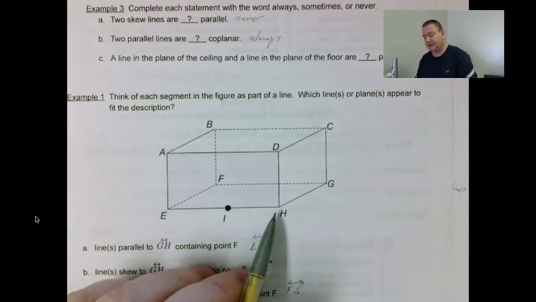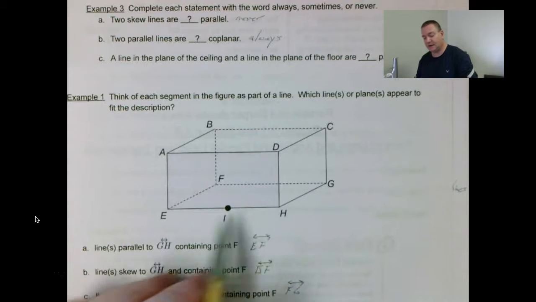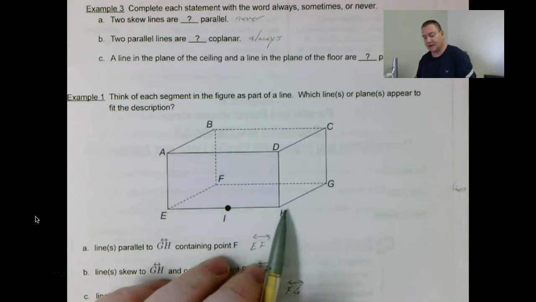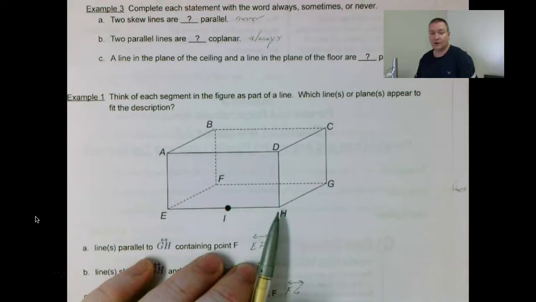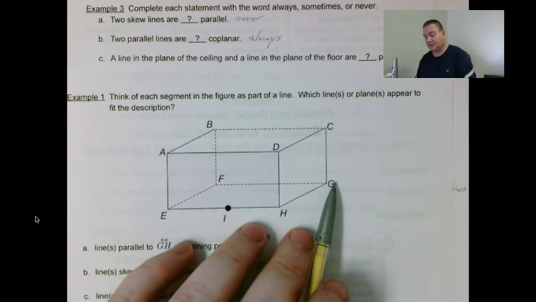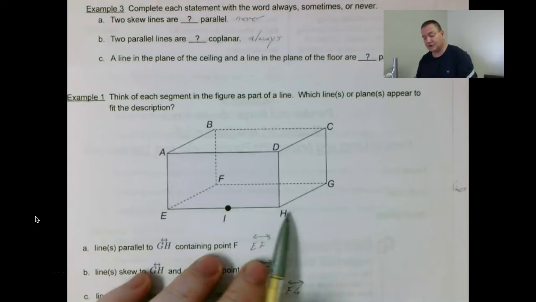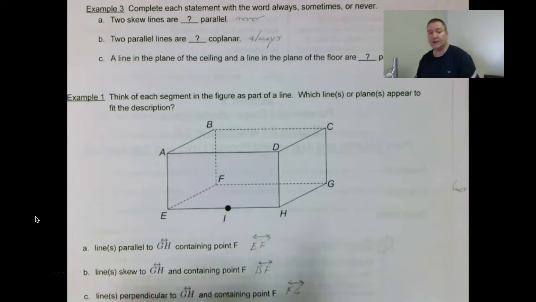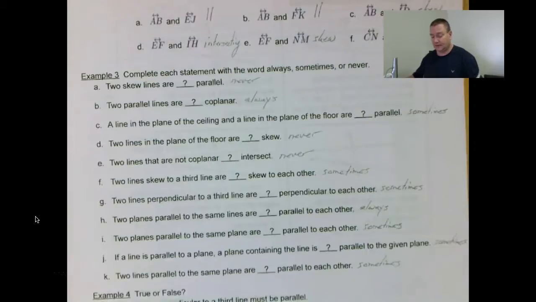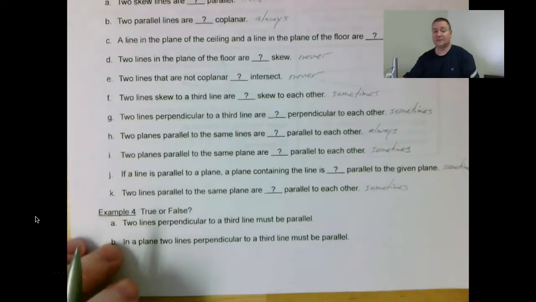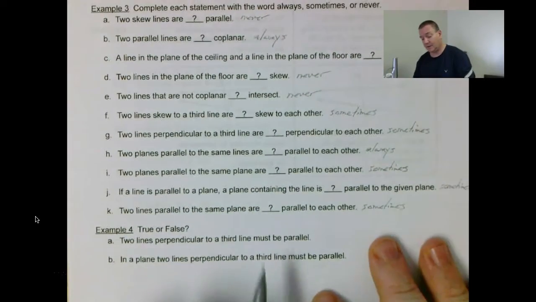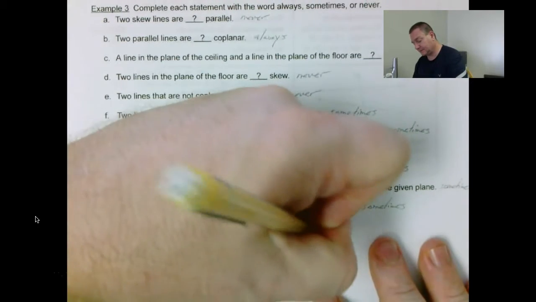But DH is perpendicular to GH, EH is perpendicular to GH, DH and EH are perpendicular to each other. DH is perpendicular to GH, FG is perpendicular to GH, DH and FG are skewed to each other. So the answer actually is sometimes they're parallel, not must be parallel. So this is false.